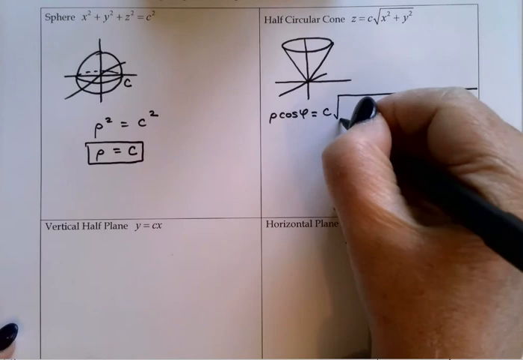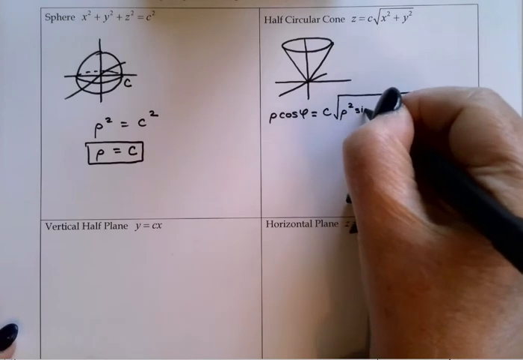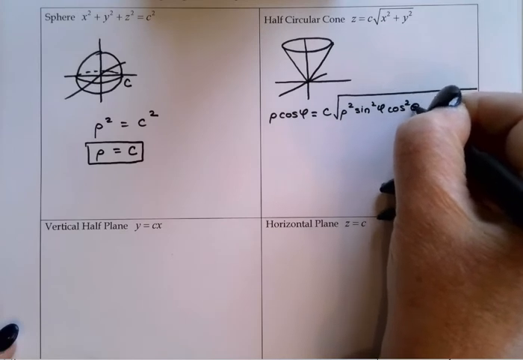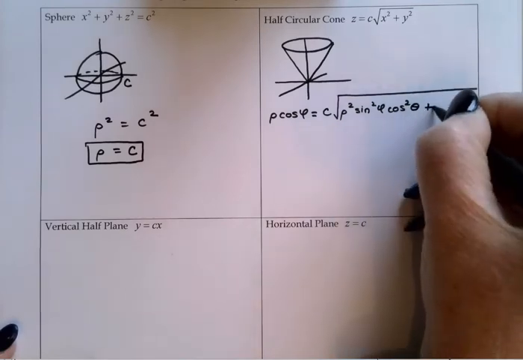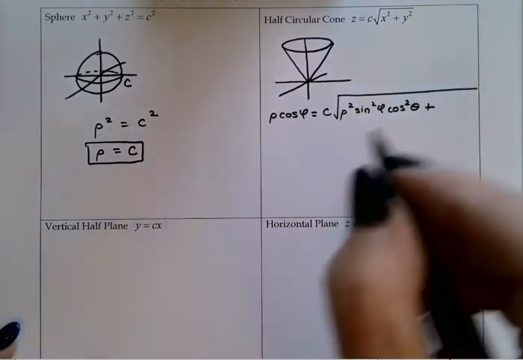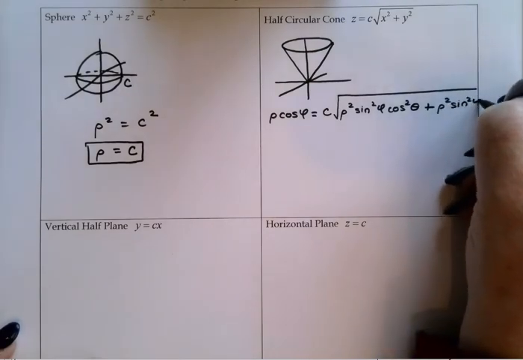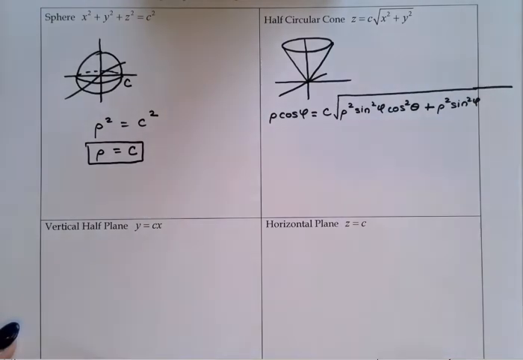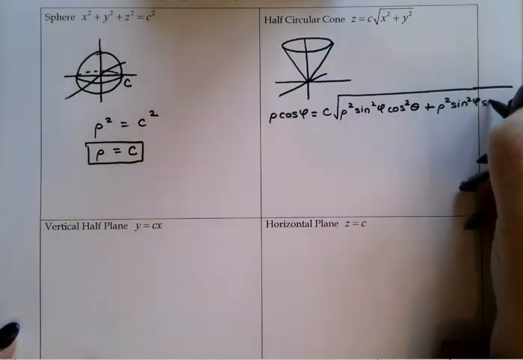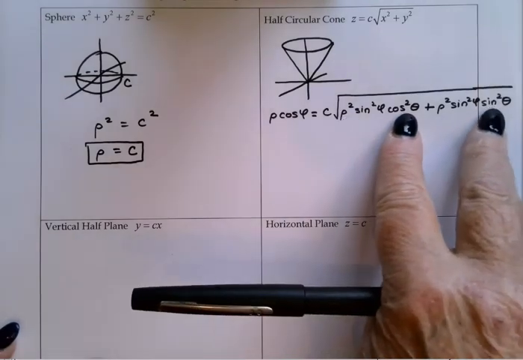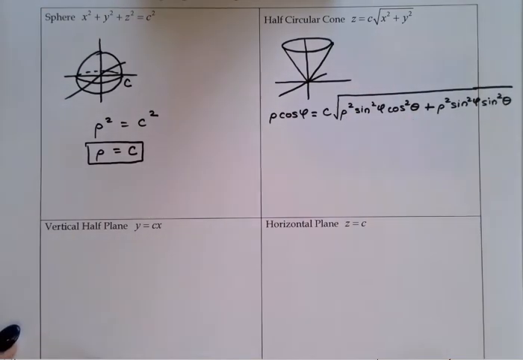So that would be rho squared sine squared phi cosine squared theta for the x squared, and then for the y squared, rho squared sine squared phi sine squared theta. These are almost the same. The only difference is the cosine and the x, and the sine is the y.